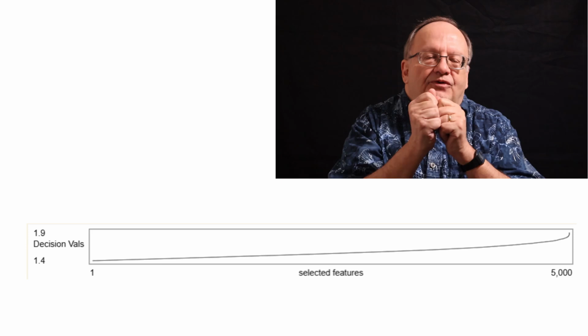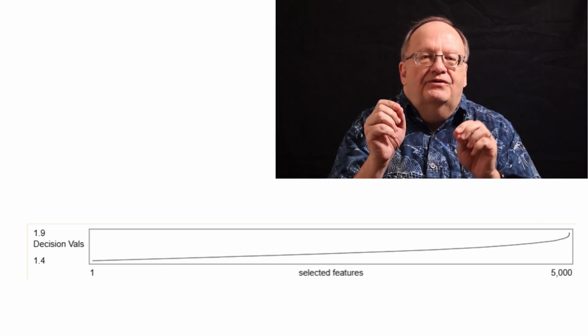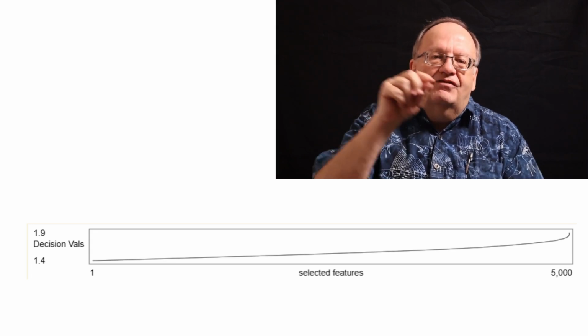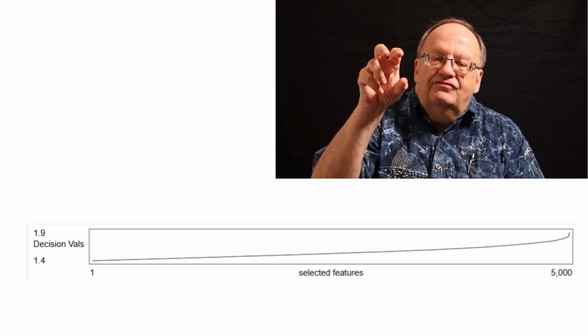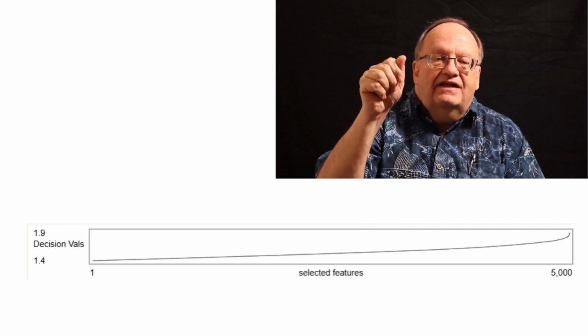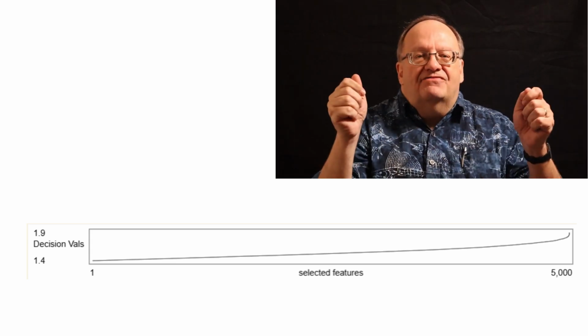Then what we're going to do is sort all of our features based on their decision value and look at the top N. So you can see here in the graph over on the right, there's a relatively small number of features that have really strong decision values. We like those. Now initially we might keep the top 5,000.